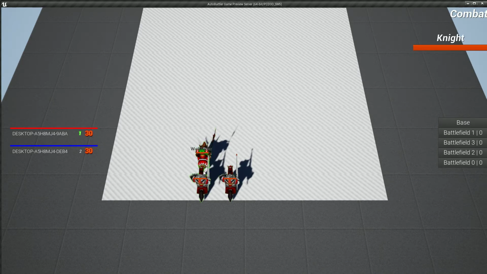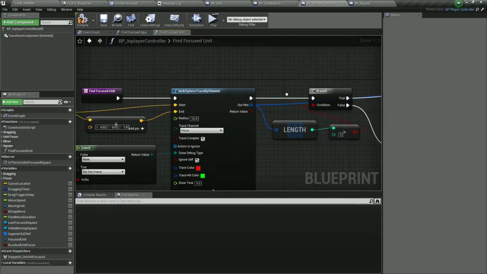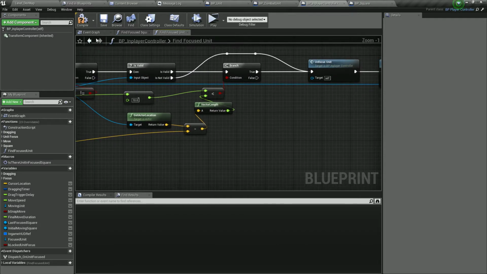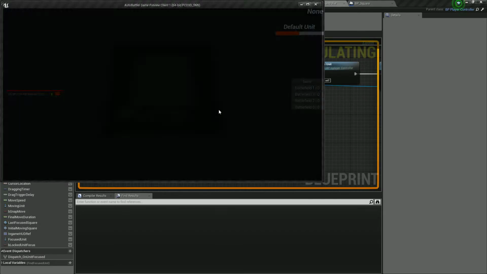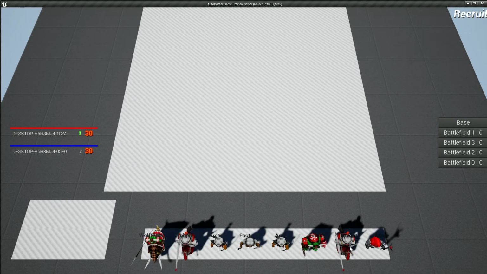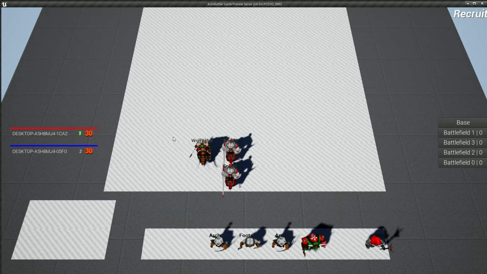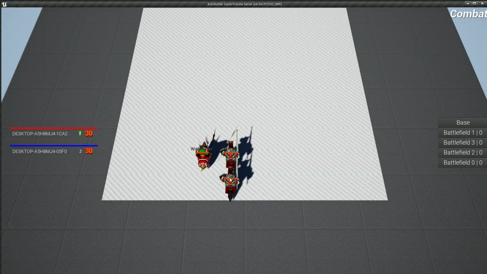Yep. Okay, so if we say like radius 10, that's a little bit cheaty. And it doesn't like it.